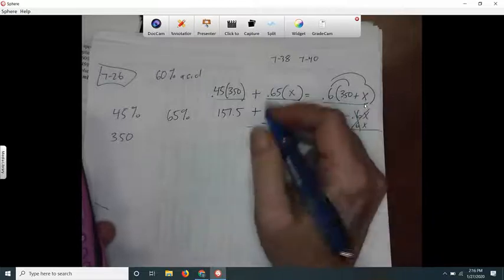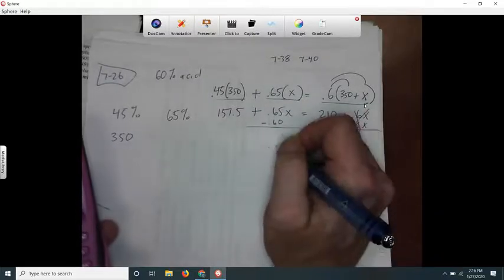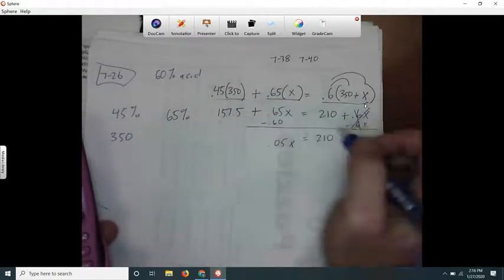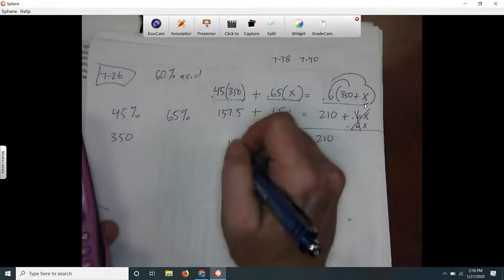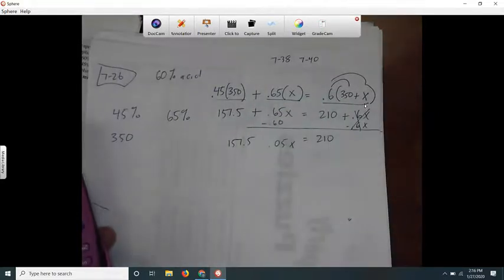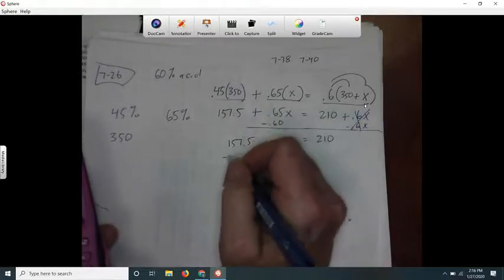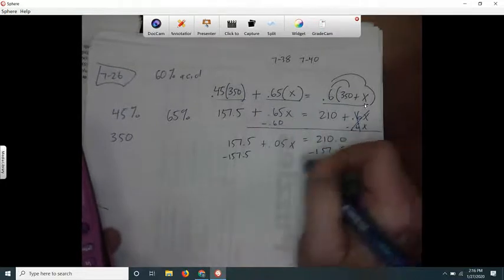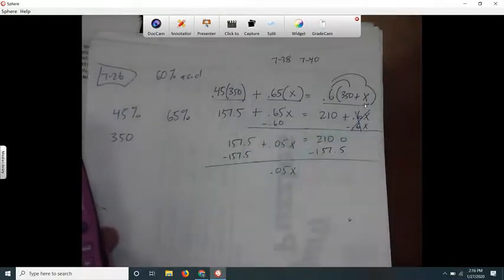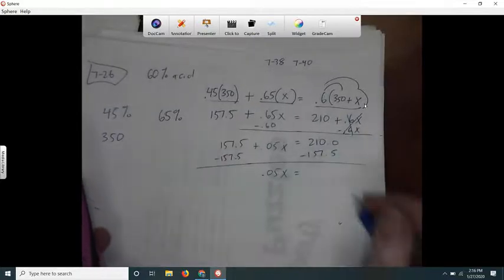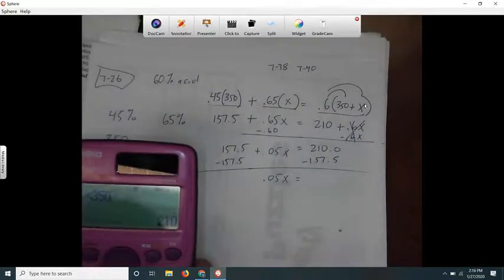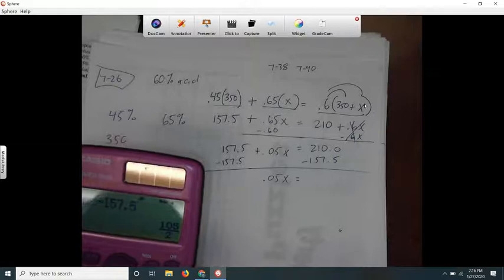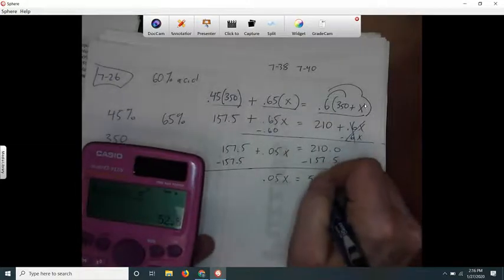210 is, I was going to do it all at once and then I got a little confused. Let's subtract this on both sides too. Well, here, I'll show all my steps. Okay, and so that's equal to 210 minus 1.5, and I get 52.5 if I didn't mess it up.